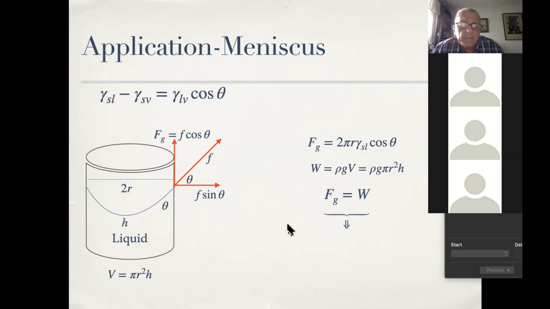So from that simple equation, it comes out that the height the liquid will climb in a cylindrical container in the presence of a gravitational field is 2 times the surface tension between the solid and liquid times the cosine theta, divided by rho g r. That equation is called the Jurin height equation.